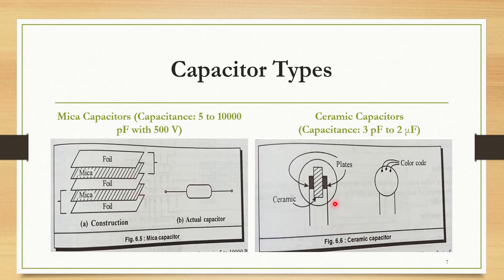Here also there are two plates, with a mica insulator here and a ceramic insulator there. So a capacitor is nothing but two plates with an insulator in between.